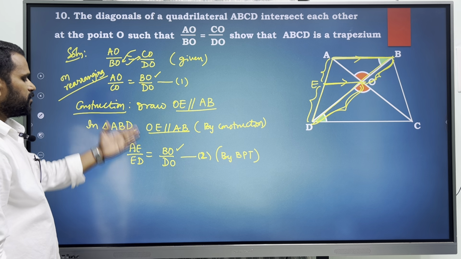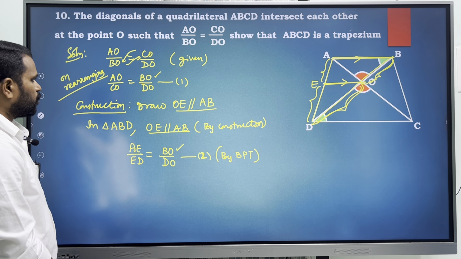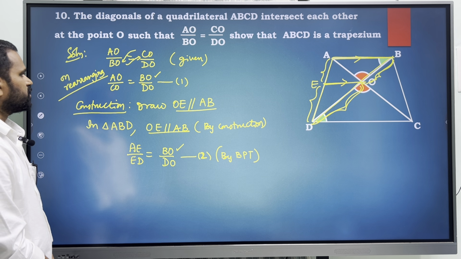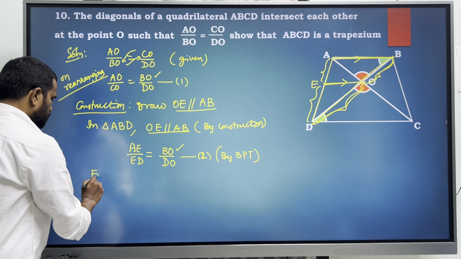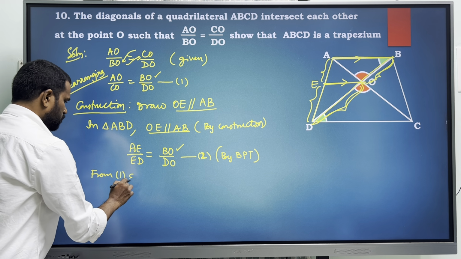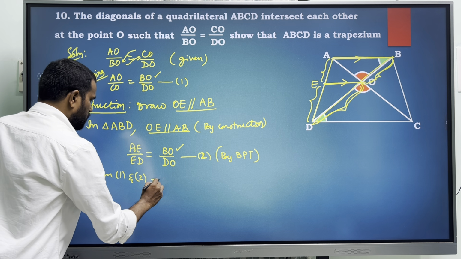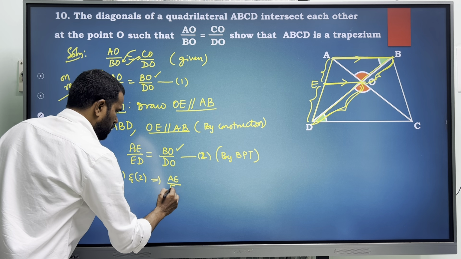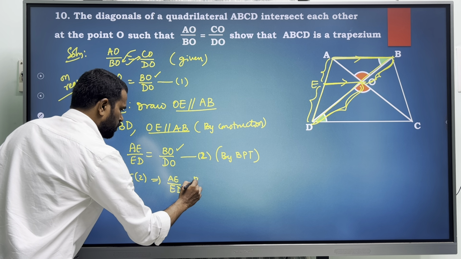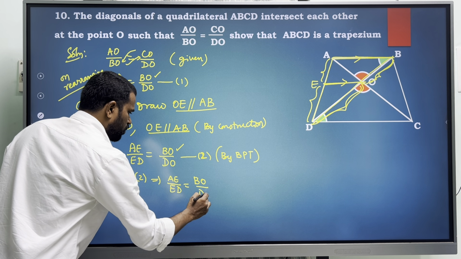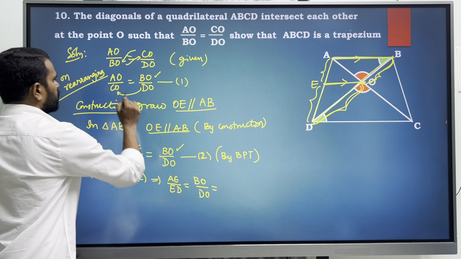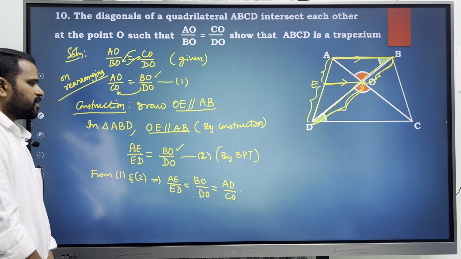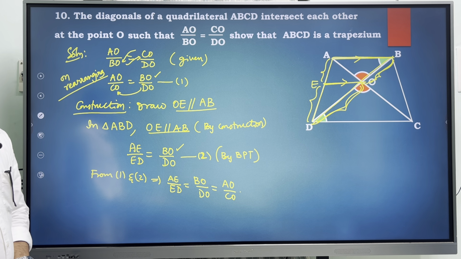Understand? From 1 and 2, we can see the RHS is the same, so the LHS should be the same, right? So from 1 and 2, we can write AE by ED equals BO by DO, which is also equal to AO by CO. All together we can combine this way also.